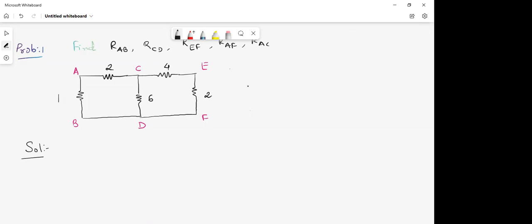See, whenever you have been asked to find resistance between any two given points of the circuit, say for example, the first point. I have been told to find out resistance between points A and B. So just for our convenience, eliminate other points like C, D, E, F, because for no reason they are making our work complicated. So I'll make those points disappear.